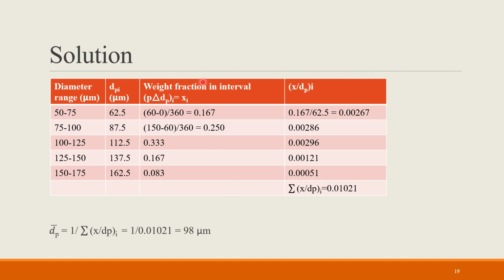The point to be noted here is that the given weight is not absolute, rather it is cumulative. We calculate x by dpi, repeat the calculation for all other fractions, sum it up, and take the inverse, and we get the value as 98 micrometer. So the right answer to this problem is 98 micrometer.